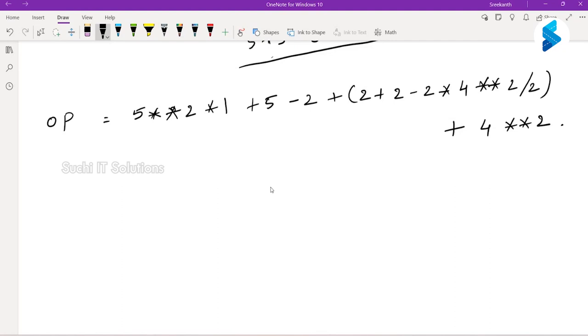Apply the same BODMAS rule. 32, sir. It would be 32.0.